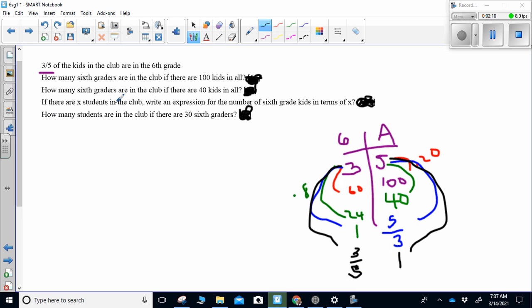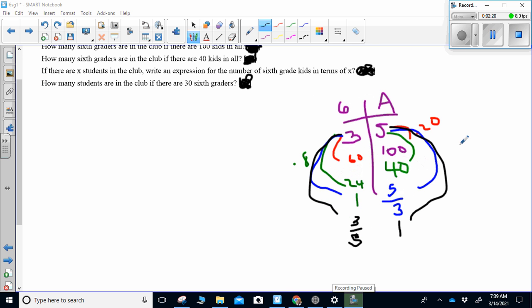If there are X students in the club, write an expression for the number of 6th grade kids in terms of X. So now I'm looking at my 2 unit rates and I need to think about what's going on. So if the 6th grade was 1, I would multiply by 5/3 to get over here. If all the kids were 1, I would multiply by 3/5 to get over here.